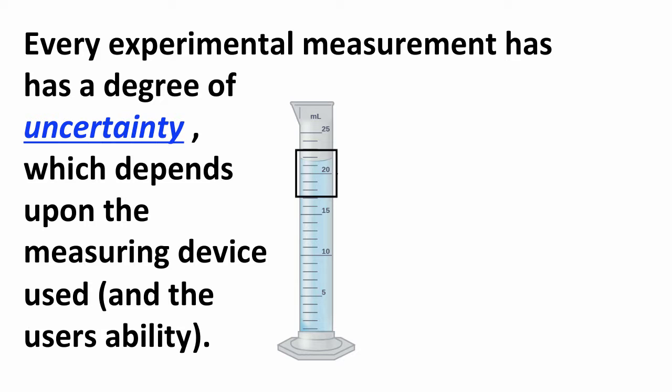There's always going to be some degree of uncertainty, and that's going to depend upon both the measuring device you're using and as well on how good you are at using it, the ability of the user to make the measurements.